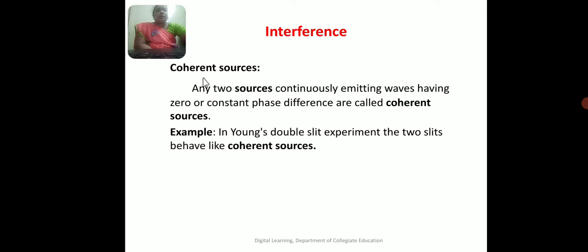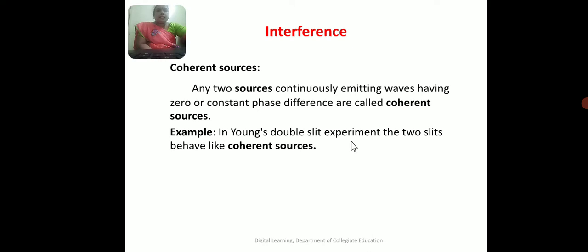What is the meaning of coherent sources? Coherent sources means any two sources continuously emitting waves having zero or constant phase difference. That means two sources which have the same frequency, the same or nearly equal amplitude, and move with a constant phase difference.